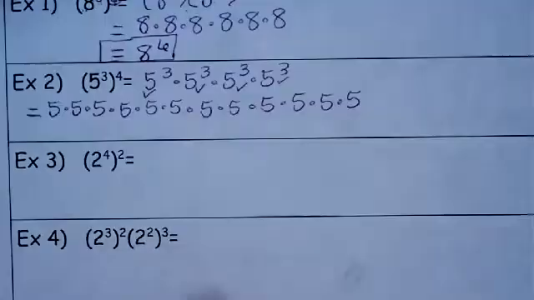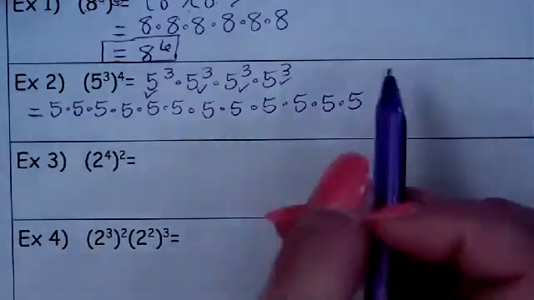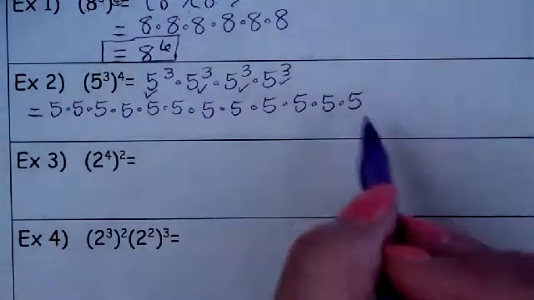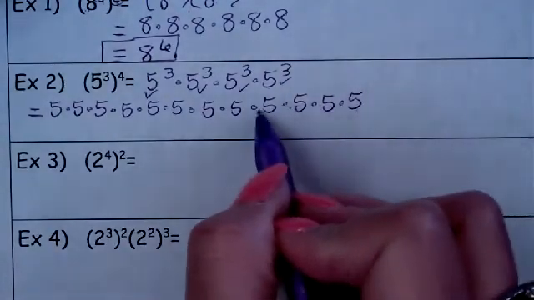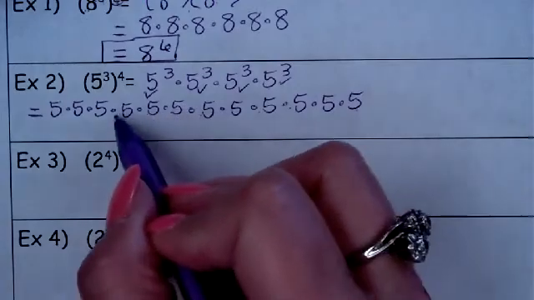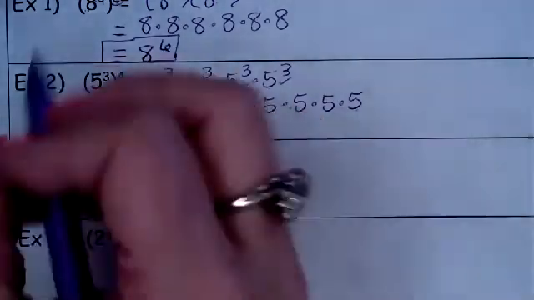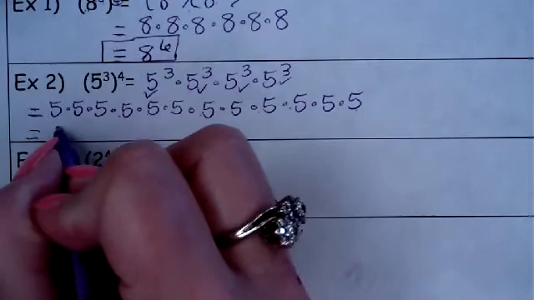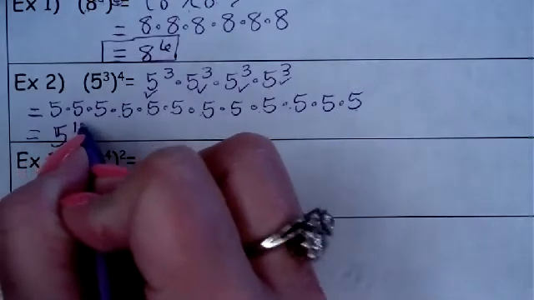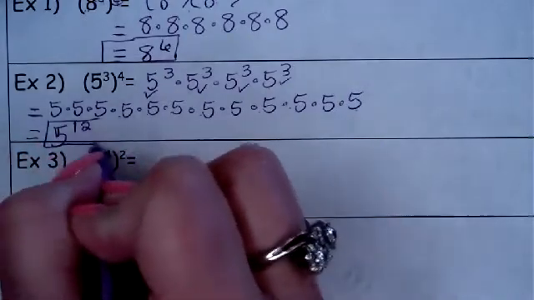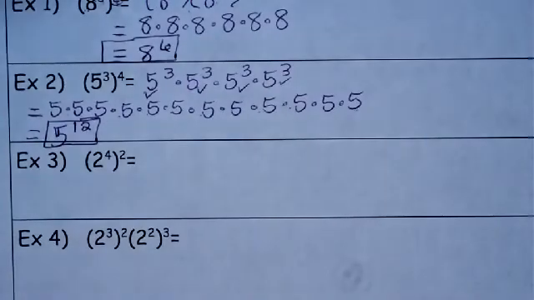So I've written them all out expanded. So now all I've got to do is go down and count all my 5s. 1, 2, 3, 4, 5, 6, 7, 8, 9, 10, 11, 12. So my final answer is 5 to the 12th power. Okay, go ahead and copy that down, and then we will go to number 3.